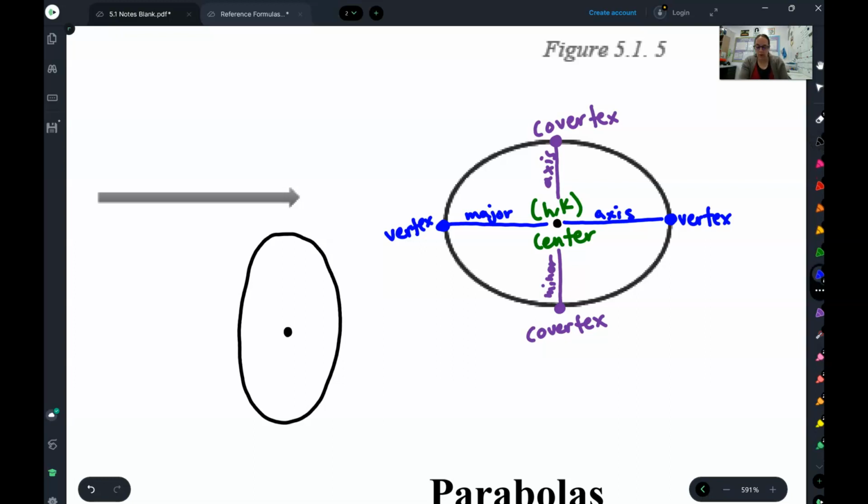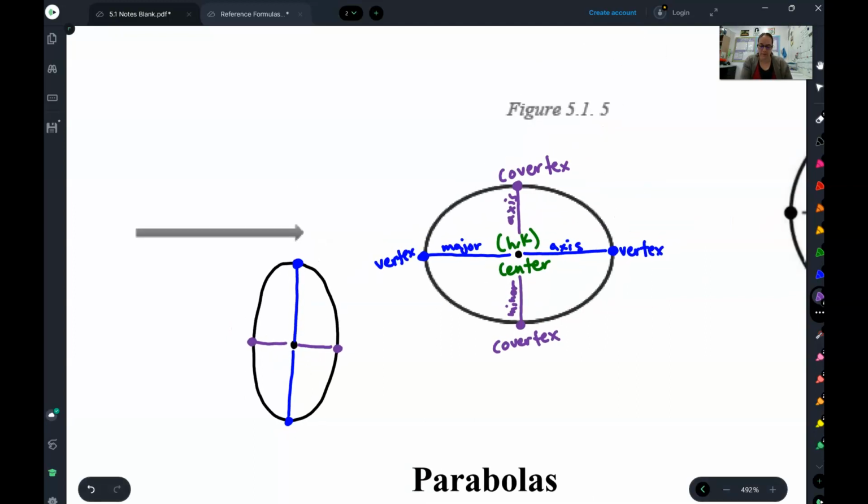However, now your major axis will go this way because that's the longer one, and your minor axis will go that way because that's the shorter one. And now these are your vertices, and these are your covertices. So just keep in mind that will change. And we'll talk about how to know which one our ellipse is when we get more into ellipses, I believe in 5.4.